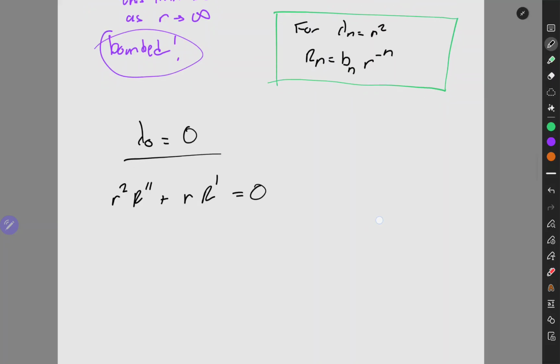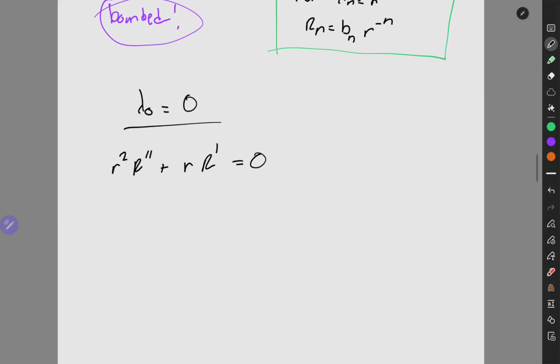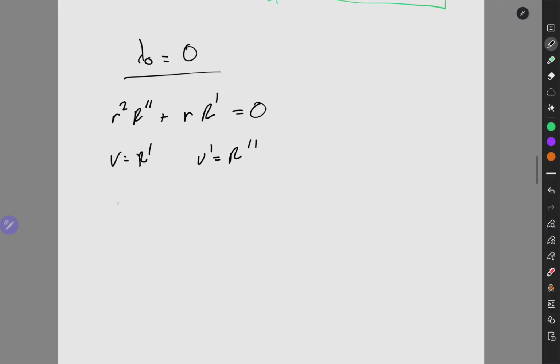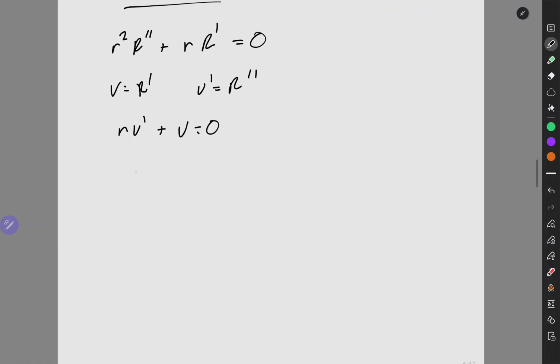So let's reduce the order. Let's set v equal to R prime, v prime equal to R double prime. This leaves us with r v prime plus v equals 0. Then we can separate the variables. dv dr equals negative v over r.